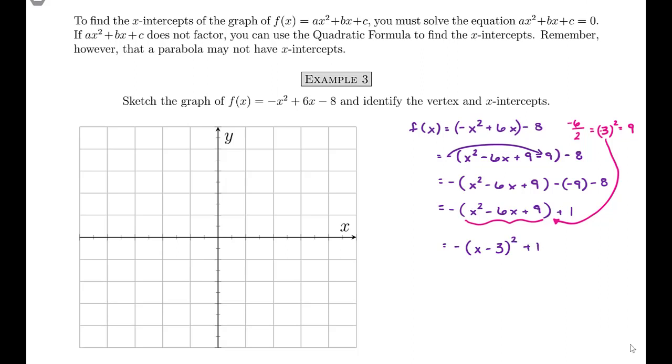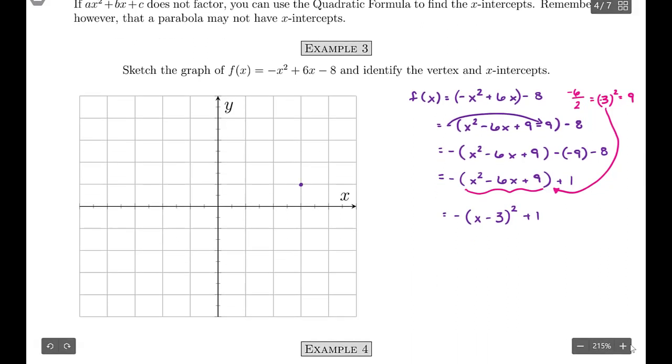So what I know about this graph is it has a vertex at 3, 1, so positive 3, positive 1, and it opens down, and I need to find where this function crosses the x-axis, what are its x-intercepts. So I'm going to go back up here, and we're going to factor this polynomial. So I have negative x squared minus 6x plus 8.